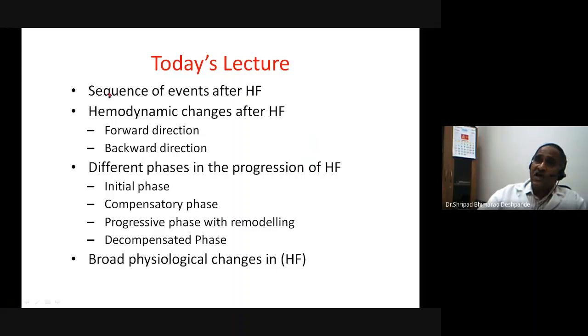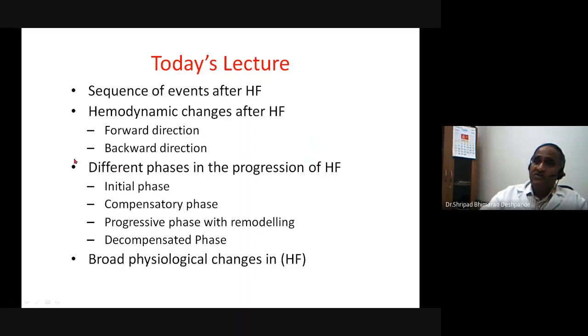In this lecture, I continue with the same thing. What are the various sequence of events that happen after the heart failure? That's one thing I would discuss. I would discuss the hemodynamic changes happening after heart failure in the forward direction, in the backward direction.